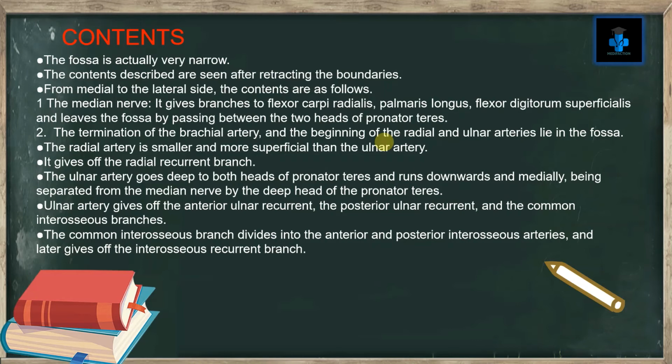Ulnar artery gives off the anterior ulnar recurrent, the posterior ulnar recurrent, and the common interosseous branches. The common interosseous branch divides into the anterior and posterior interosseous arteries and later gives off the interosseous recurrent branch.